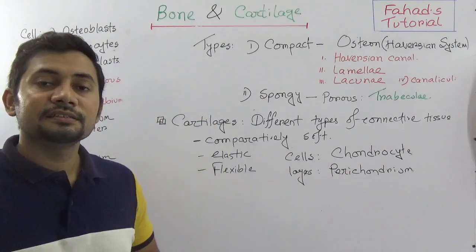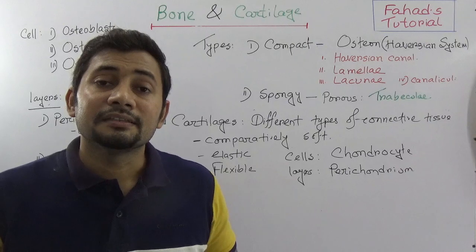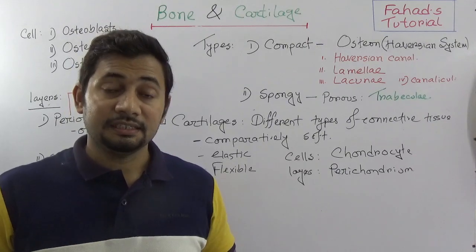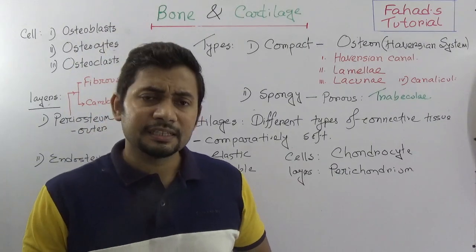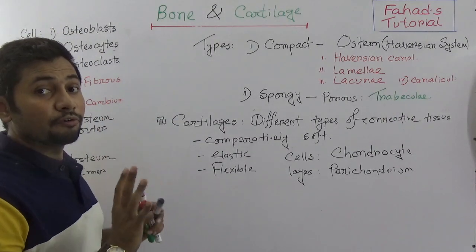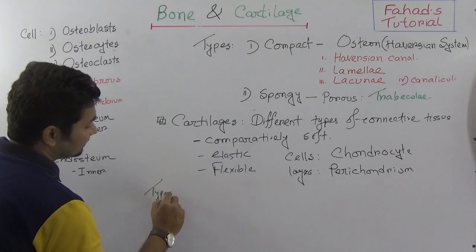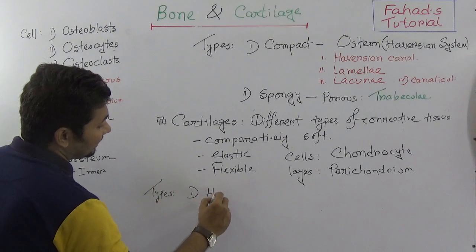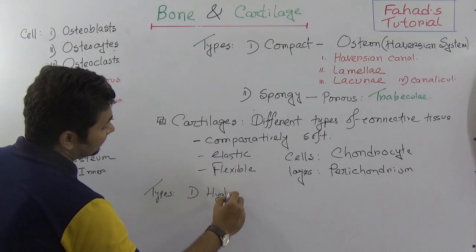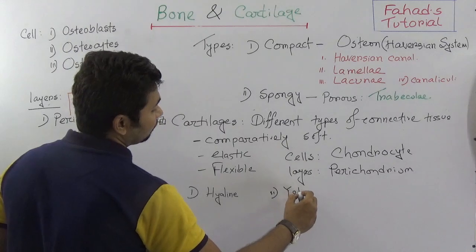So very simply, cartilage gives us flexibility and elasticity in the bone joints. If we see the types of cartilage, we have four different types. Number 1, hyaline cartilage. Number 2, yellow fibrous cartilage.